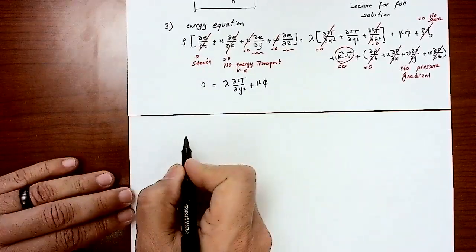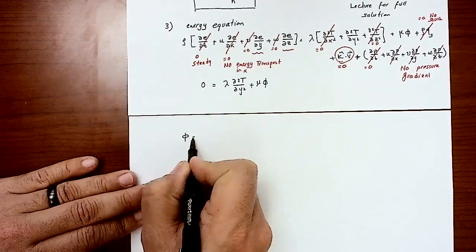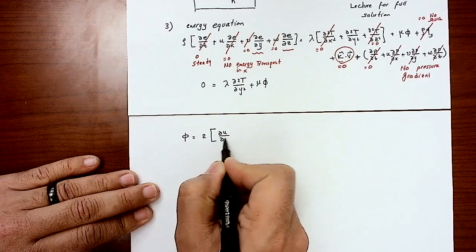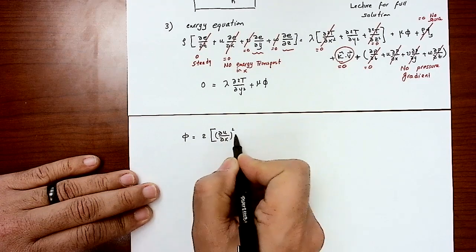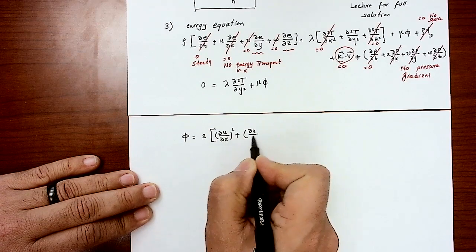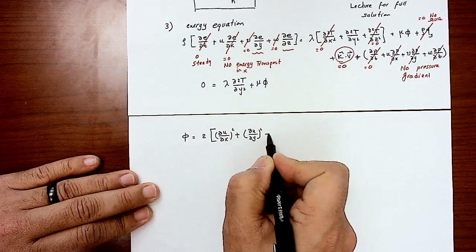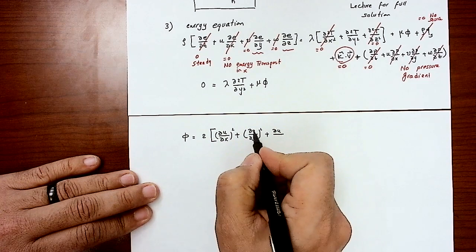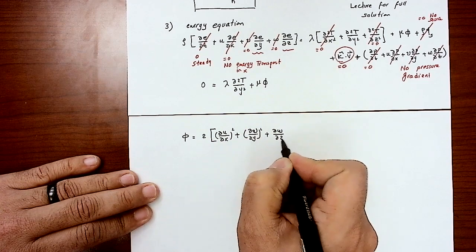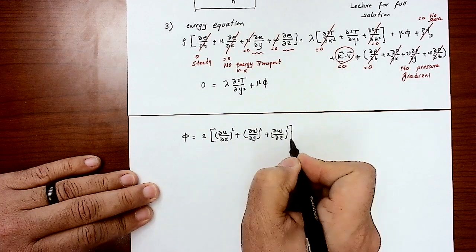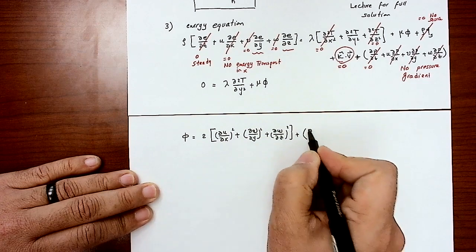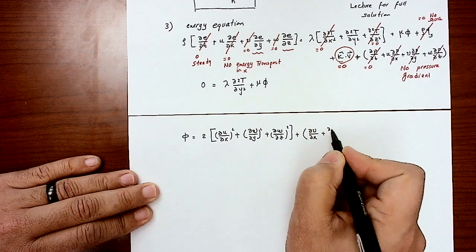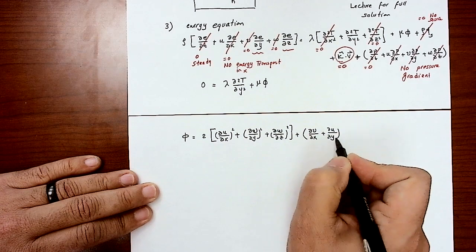The dissipation function in the full format is 2 times partial u by partial x squared plus partial v by partial y squared plus partial w by partial z squared, plus you take partial v by partial x, so this will be partial u by partial y squared.